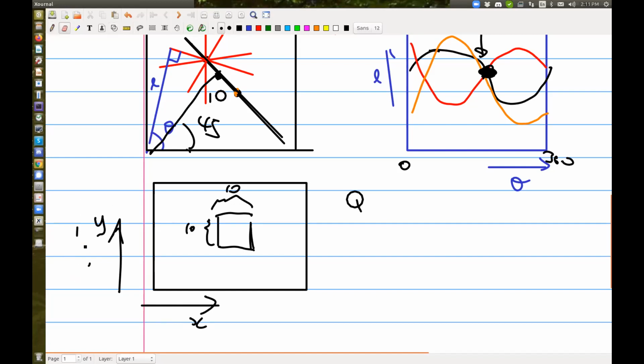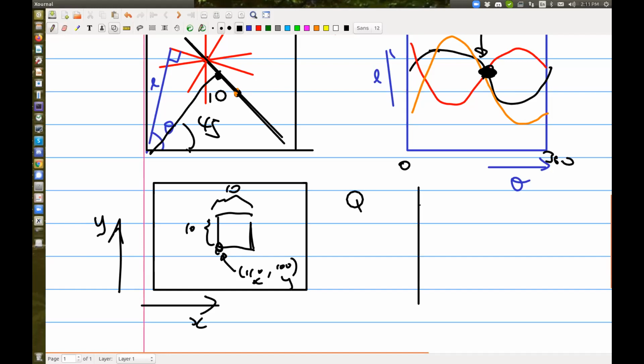I'm going to parameterize any square by its lower left corner. Say for this square, if the corner is at 110 and 100, I call the parameters x and y.